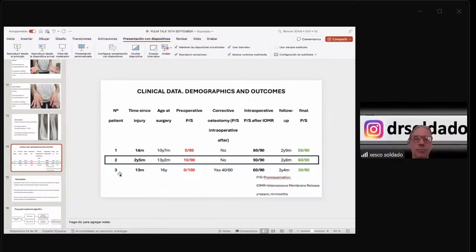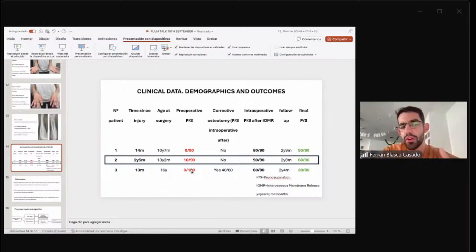But one of those cases had a couple of operations and reoperations due to non-union before. So the scarring of the interosseous membrane may be the main problem in those cases. They are all end stage forearm fractures with a lot of rigidity. They are not straightforward cases.